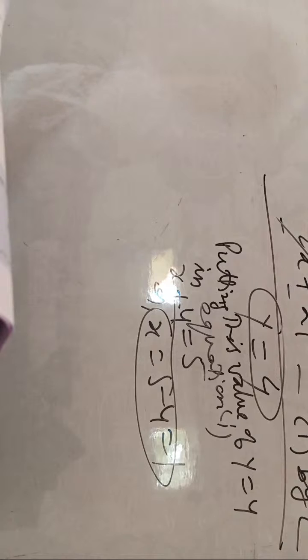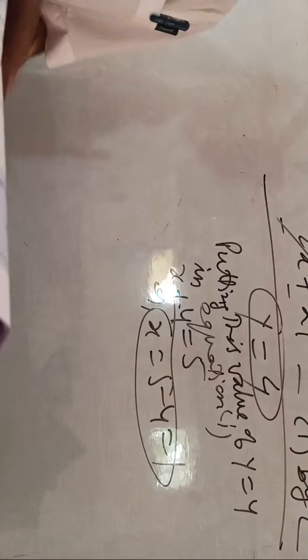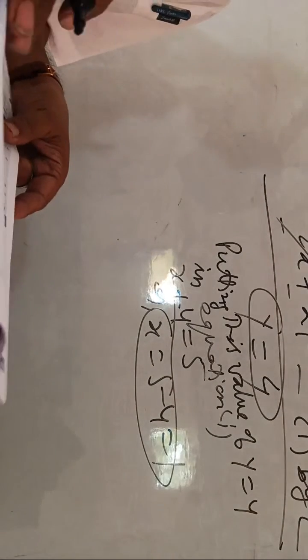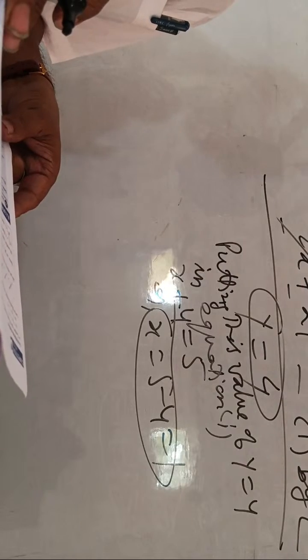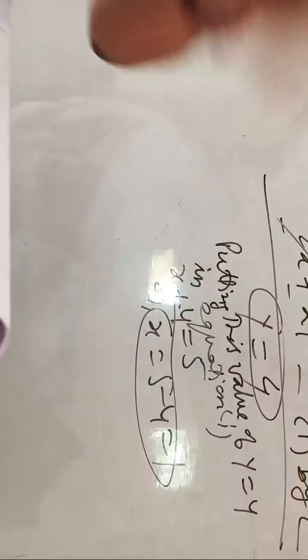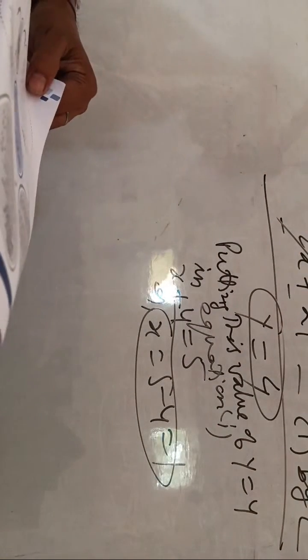Now, there is one more method called the cross multiplication method. In this method, we can solve two equations like this.